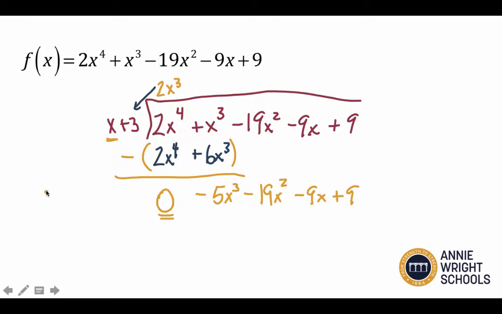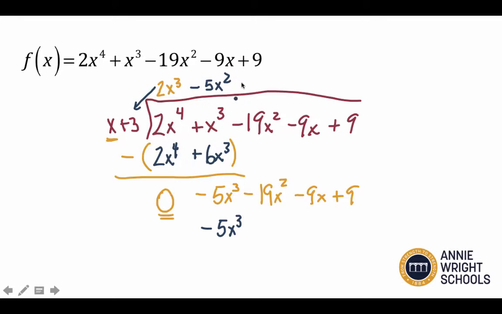And now we do it again. What times x gives me a negative 5x cubed? Well, that would be minus 5x squared. And now we take this minus 5x squared and we multiply by x, and that gives us minus 5x cubed. Again, those first numbers need to match.